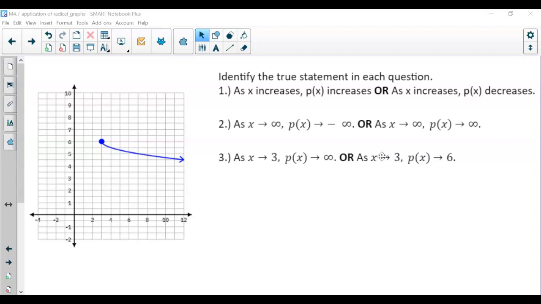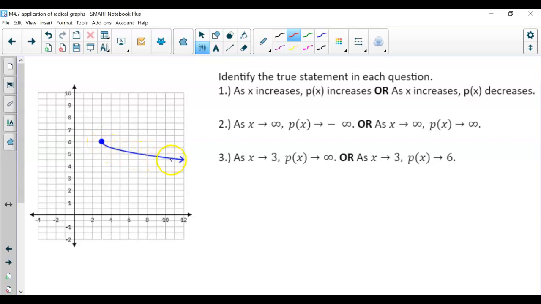And here we go. So in number one, as my x's are increasing, this is a way of actually asking for the end behavior. So as x's are increasing, what's happening to our f of x, or to our graph?